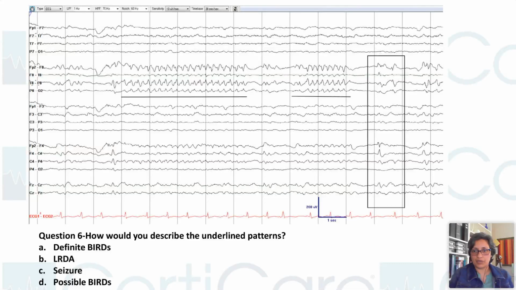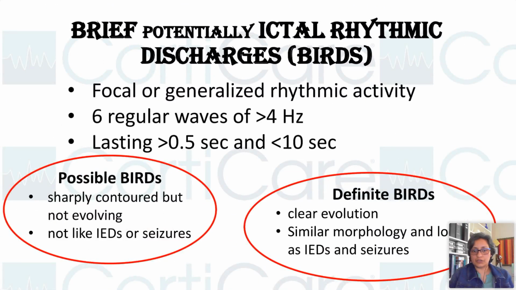So I'm going to go to the previous slide to confirm why these are definite BERDS. There is a similar morphology to the location of the IEDs and where the events will happen. Anyway, we are not seeing any events in this one. There are 6 regular waves of more than 4 hertz.